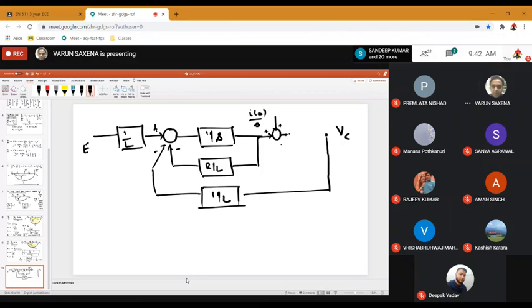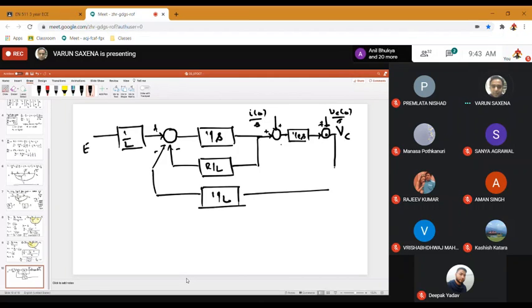Then you have a quantity 1 upon Cs, and then you can have a summation here, and you can have Vc. Let's say that this thing doesn't go here, so you have summation and summation.